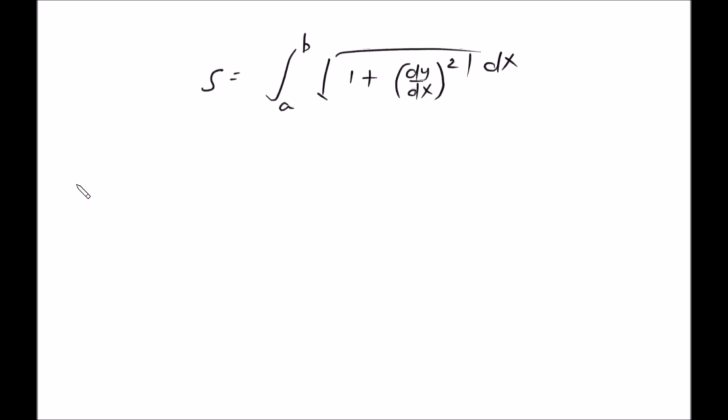Manake sasa x yetu is a function of r, t au herufi nyingine yoyote. Alafu y yetu is a function na yenyewe of r, t au herufi nyingine yoyote. Sasa it means x and y have been replaced by these other variables. So the equation for the length of an arc also changes.